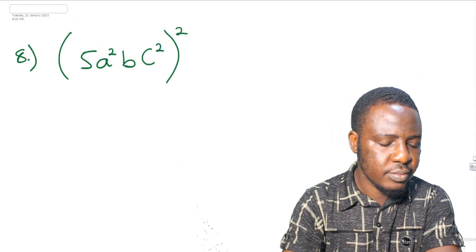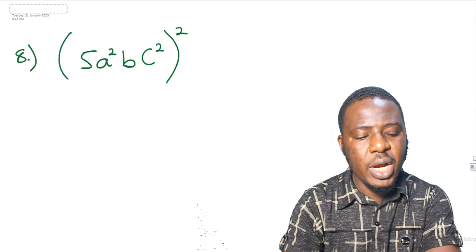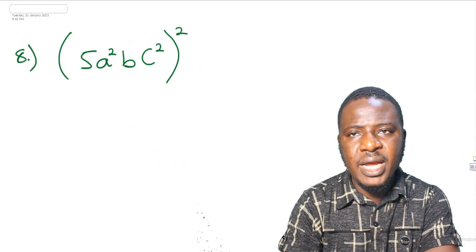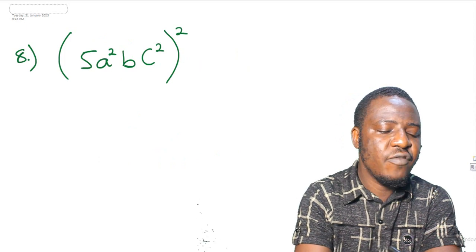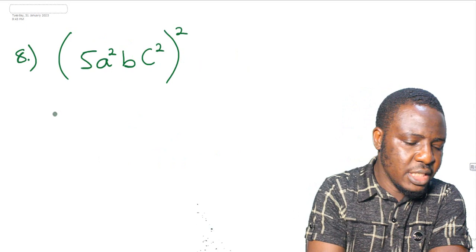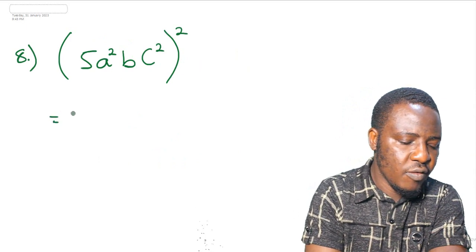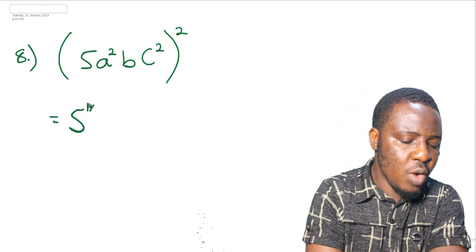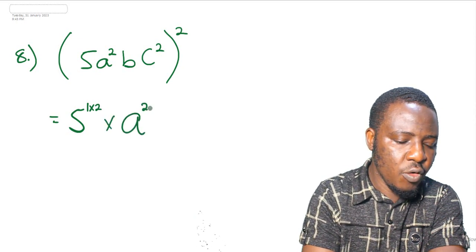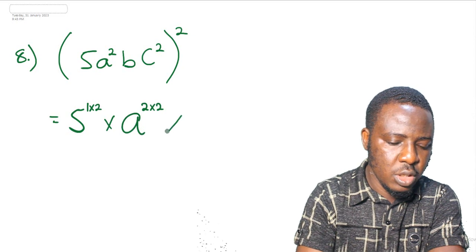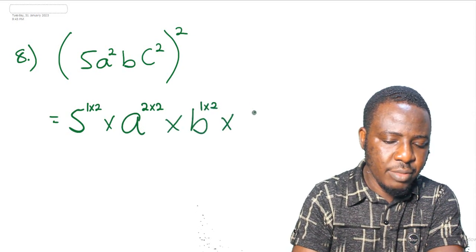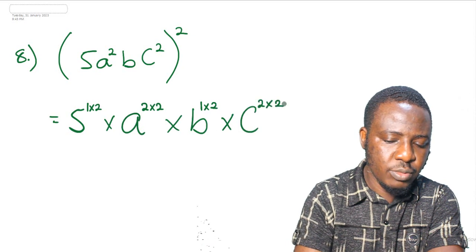Question number 8. 5a squared bc squared, all squared. In simplifying this, you are to square every term in the bracket. So this is equal to 5 raised to the power of 1 times 2, times a raised to the power of 2 times 2, times b raised to the power of 1 times 2, and times c raised to the power of 2 times 2.